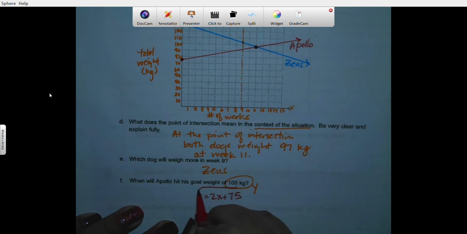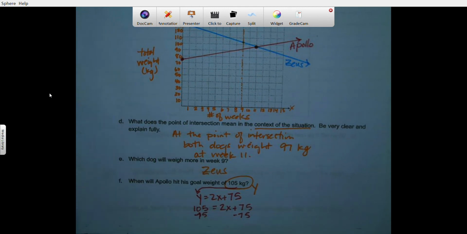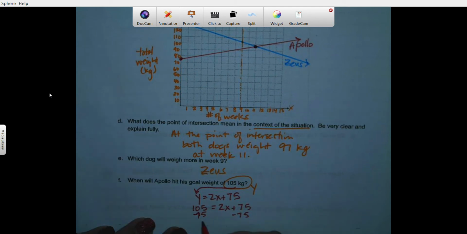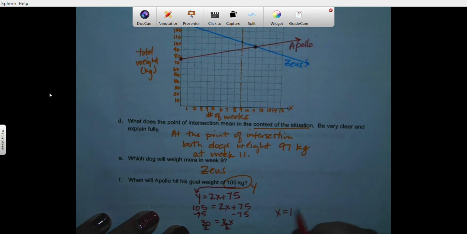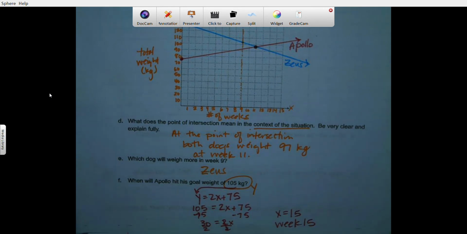This is my y. Now I'm just solving for x because it asks which week. So 105 minus 75, and I get 30 is equal to 2x, dividing both sides by 2, and x is equal to 15. So week 15 is my answer.